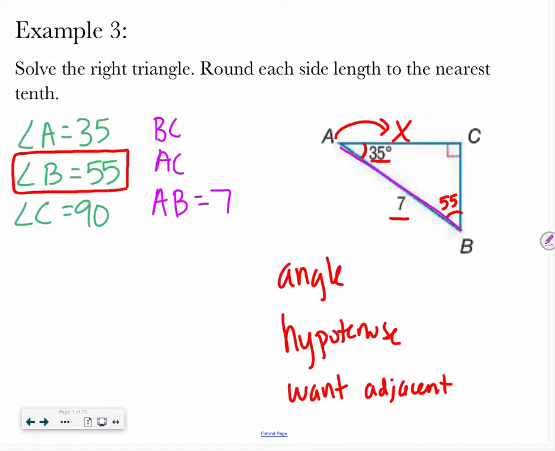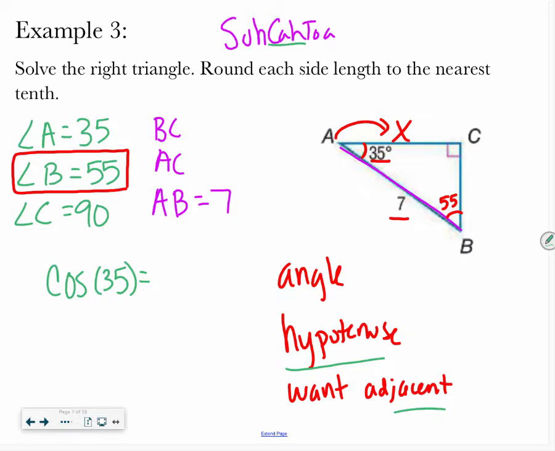So if I look at SOHCAHTOA, which one uses the hypotenuse and adjacent? That looks like we're going to be using cosine. So what I'm going to say is cosine of 35 equals, then cosine is adjacent. In this case, we don't know what that is, so we're going to call it x.